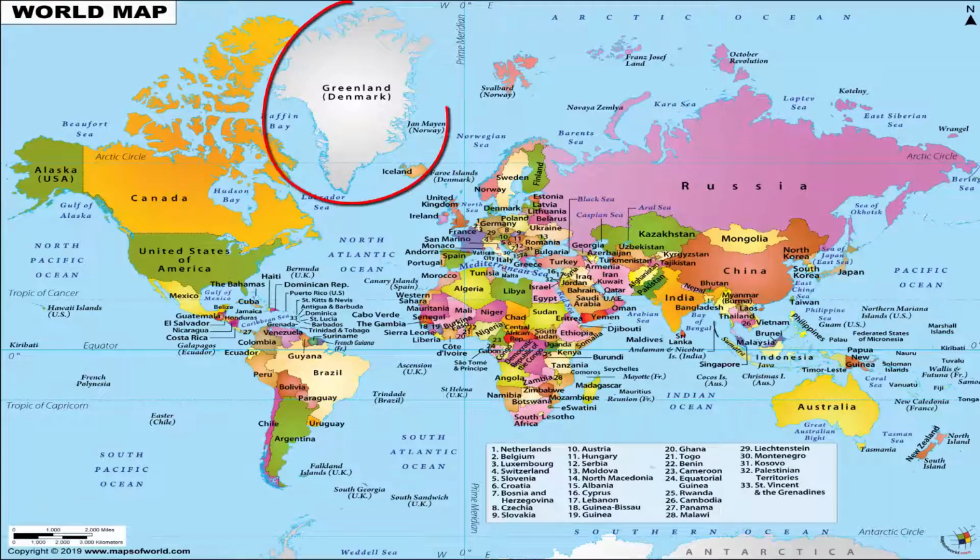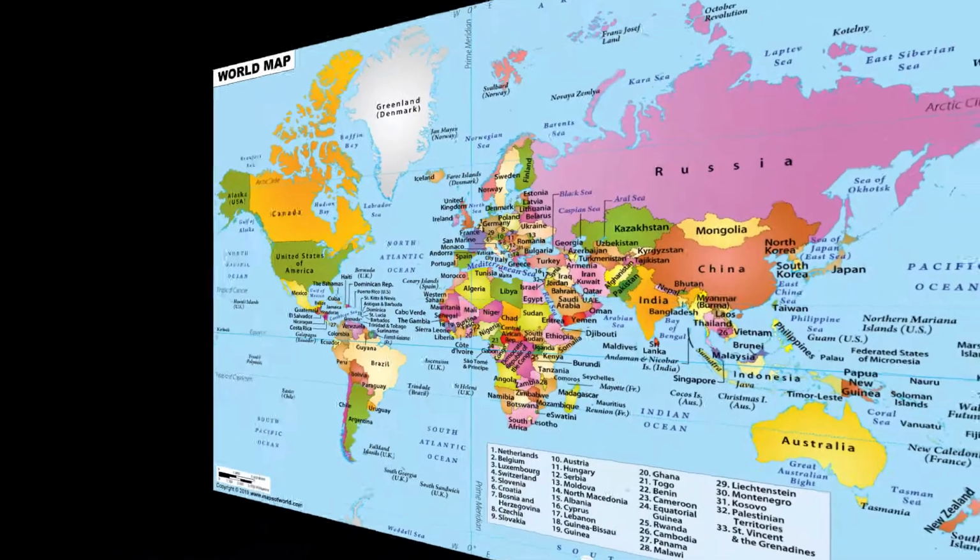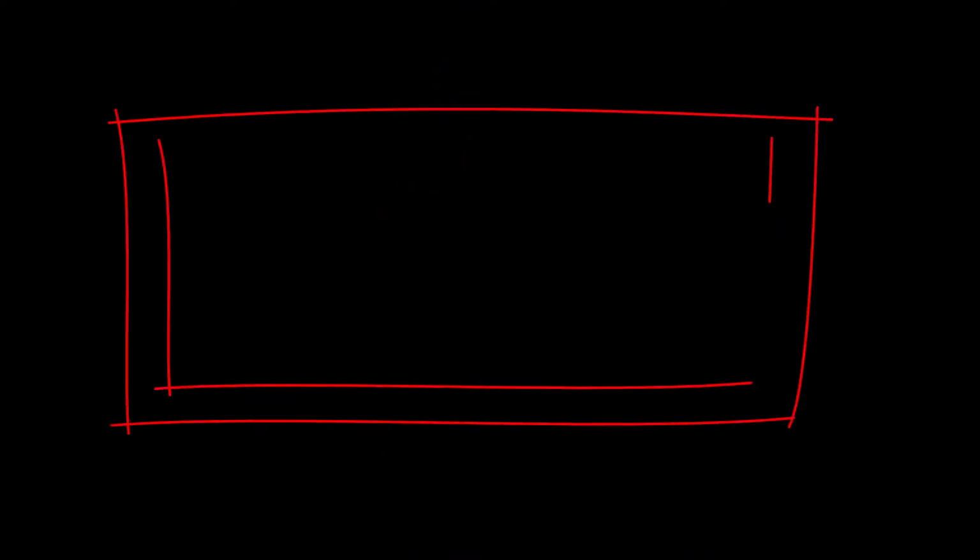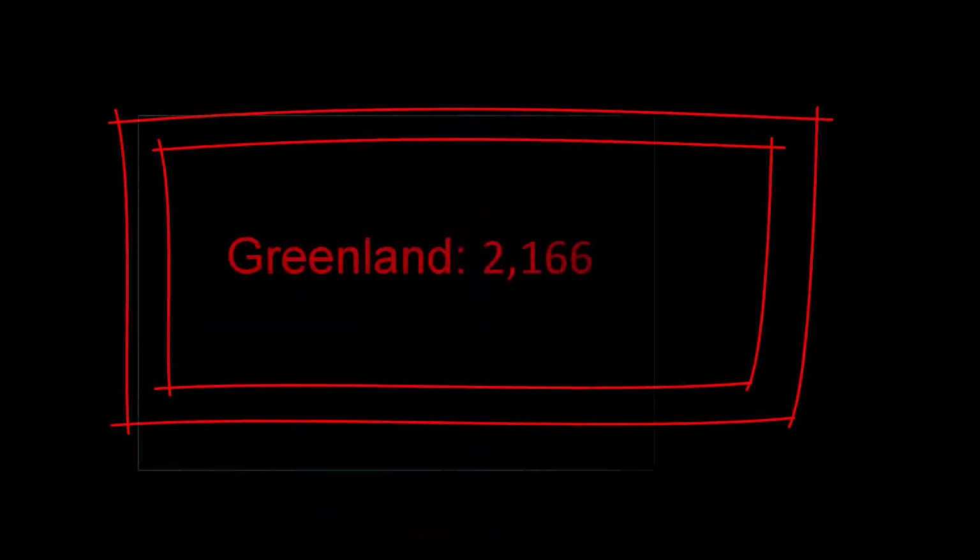If you isolate Greenland, how does it compare to the African continent in terms of size? Visually it appears Greenland is larger than Africa or as large as Africa. However, given the visual representation of nations on the world map, let us look at the size of Greenland and then the size of Africa. Greenland is 2.166 million square kilometers.